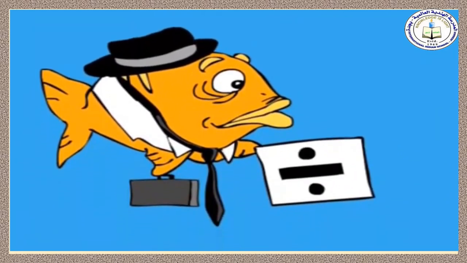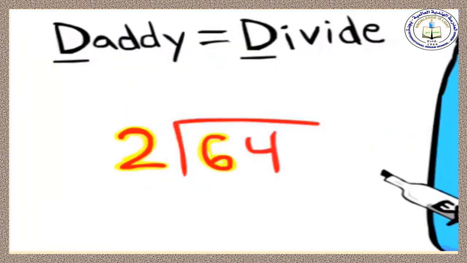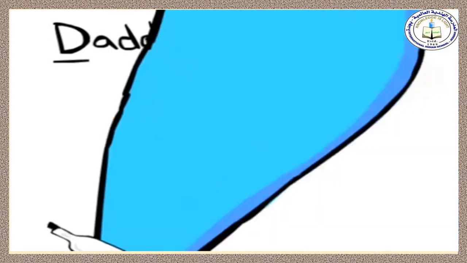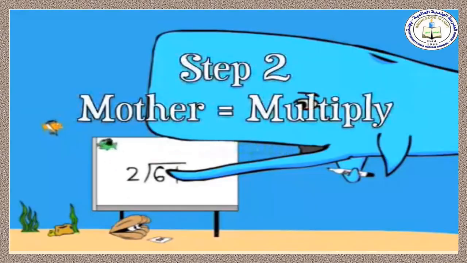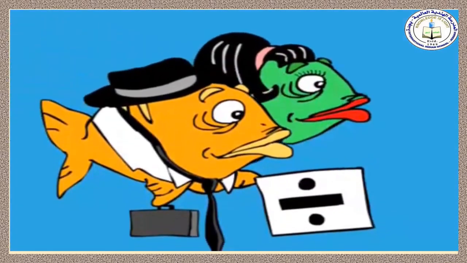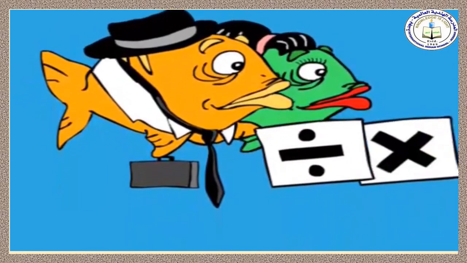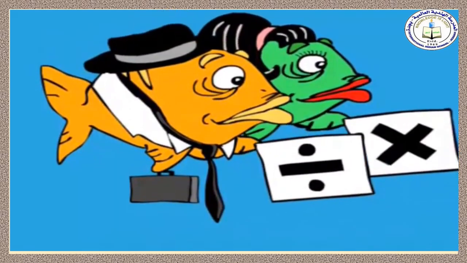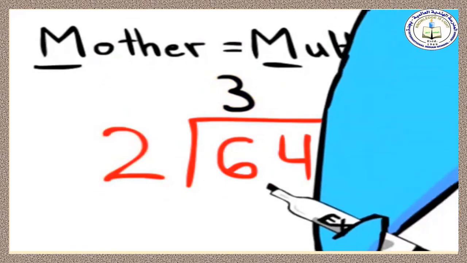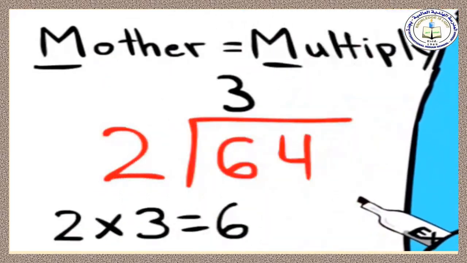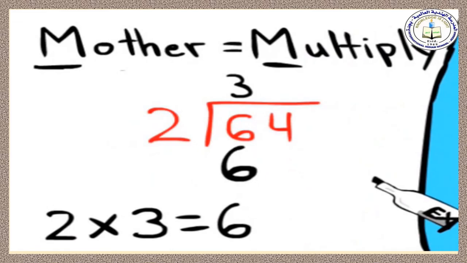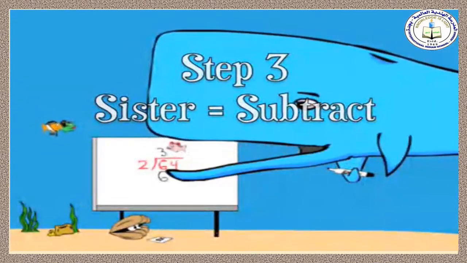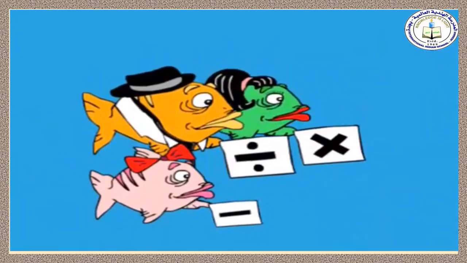Daddy is divide. Mother is multiply. Sister is subtract.